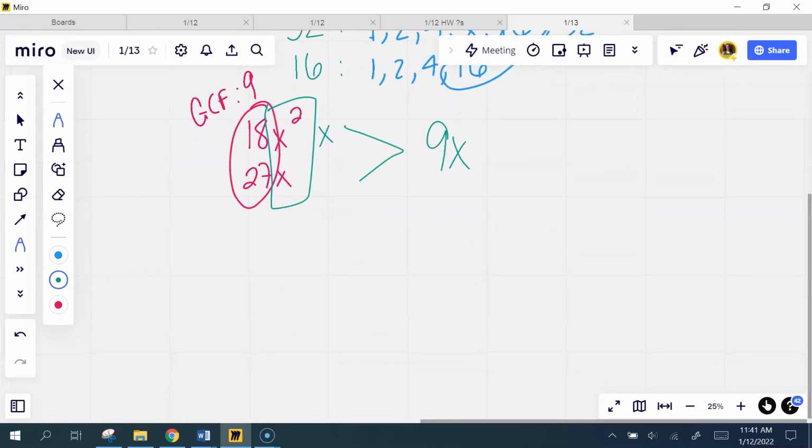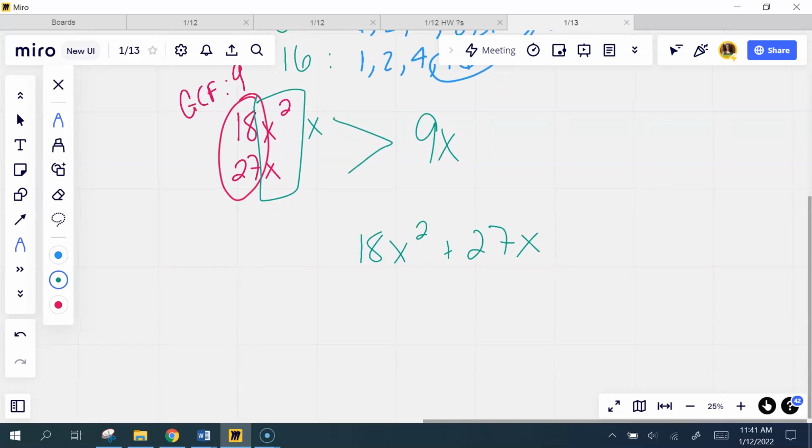Now, whenever I start talking about taking them out of something, if this was written this way, 18x squared plus 27x, okay? When you take the GCF out, what you do is you write that GCF on the outside, and then what you're really doing is backwards distributing here, okay? So you're thinking, if I distributed this GCF through, I'd have to come back to this.